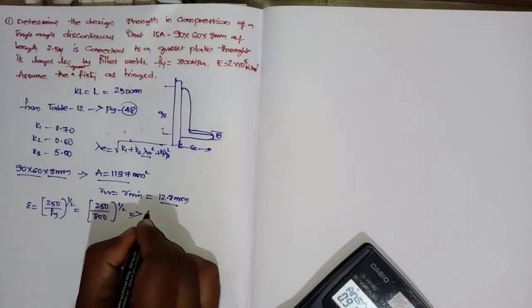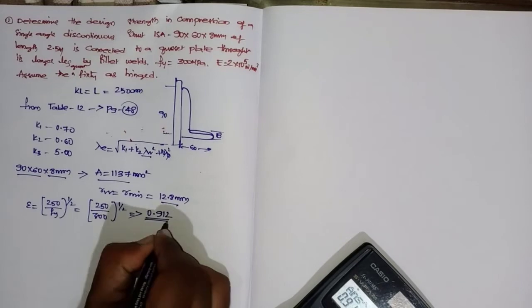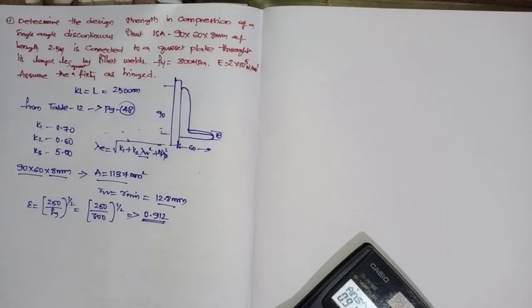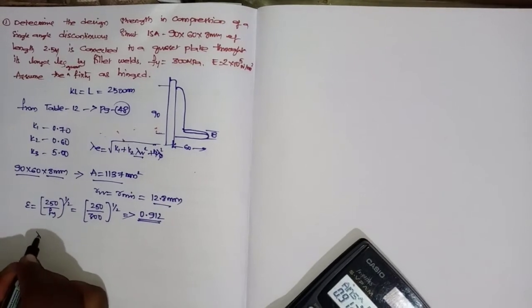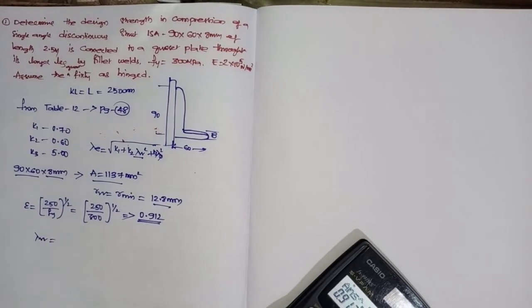How much are you getting? 0.912. Now everything is ready. Next we will calculate lambda Vb. What is the formula of lambda Vb? Once we visit IS 800:2000, page number 48.